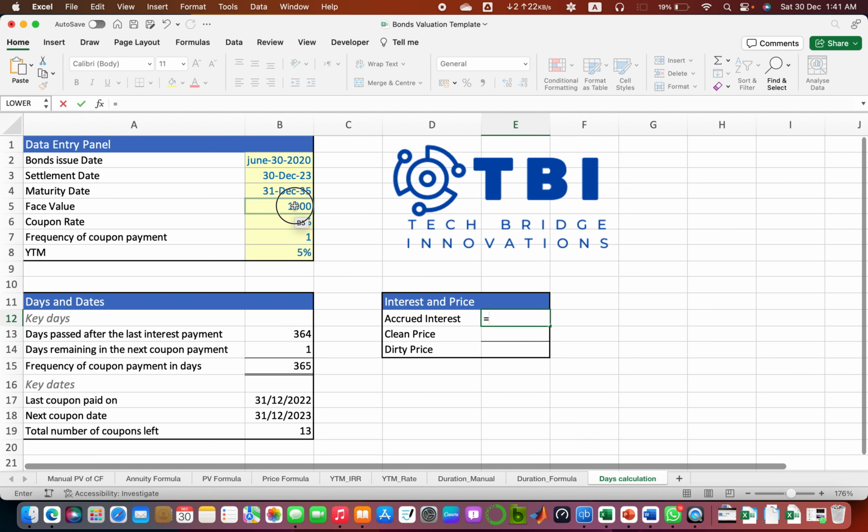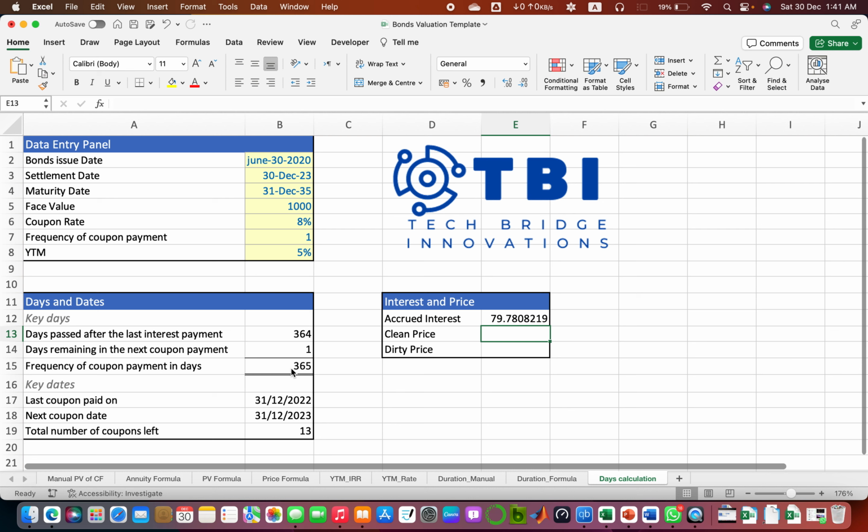Face value is here, and we multiply that by the coupon rate, and multiply that by the number of days, divided by 365, the total number of days. So this is the interest that is accrued. That's very simple, because since the whole year has passed, only one day is remaining, so you may see that it is closely equal to 80.